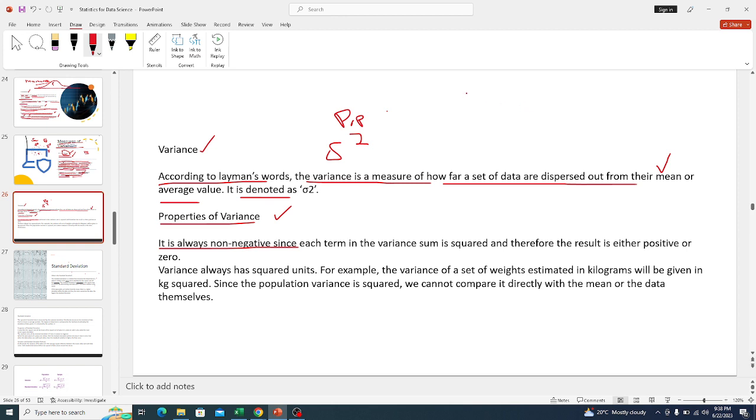Let me take the variance of a sample data as an example.